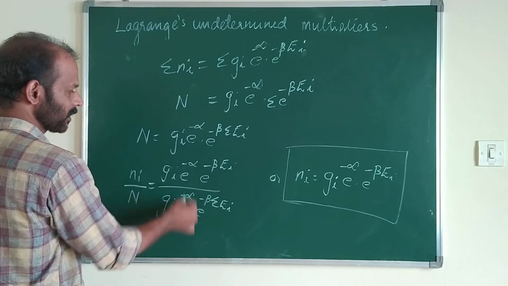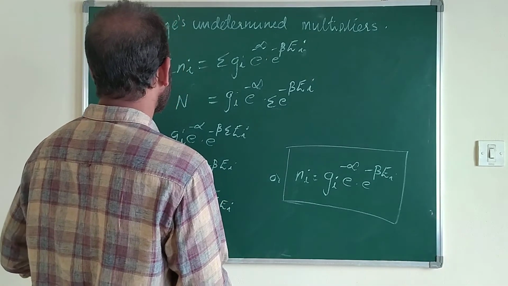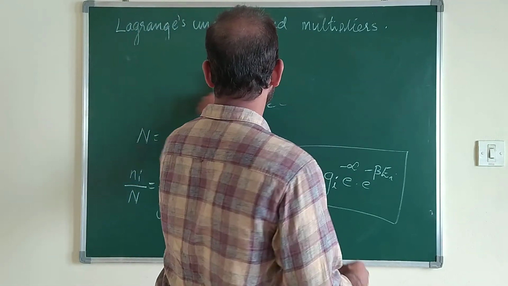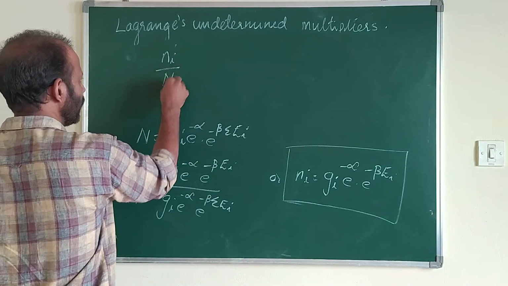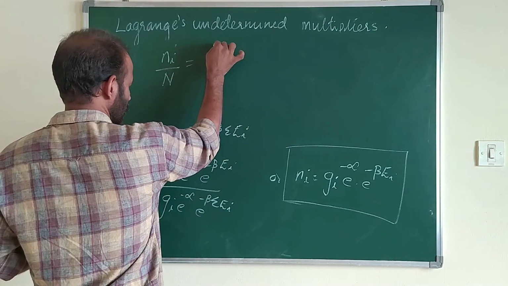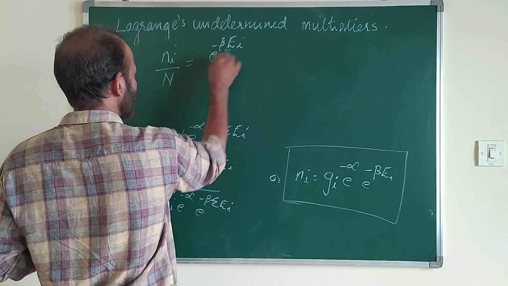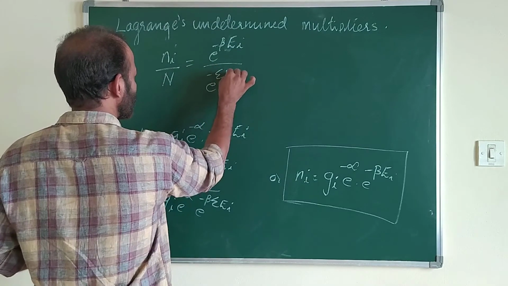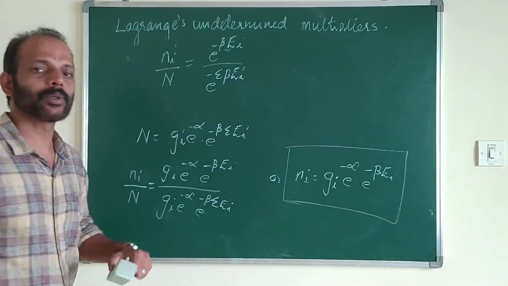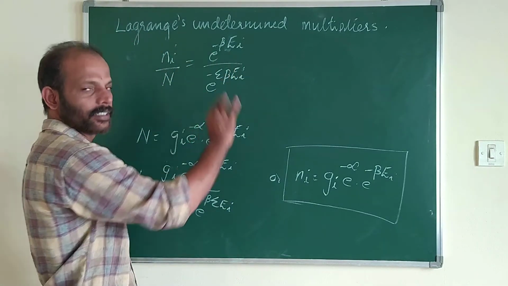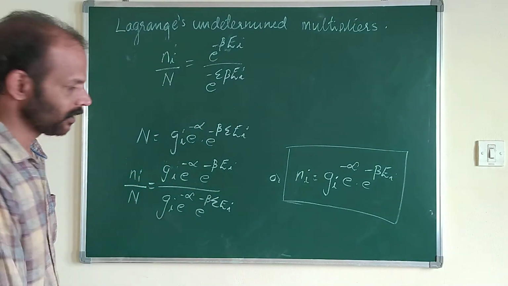So these two terms cancel each other, then the ratio becomes, that is, Ni divided by N equal to e raised to minus beta Ei divided by sigma e raised to minus beta Ei. This is the fraction of particles distributed in energy levels Ei. Also another representation of Maxwell Boltzmann statistics.